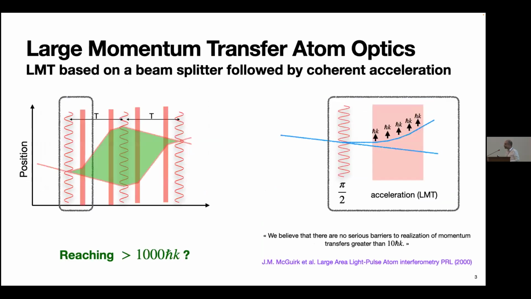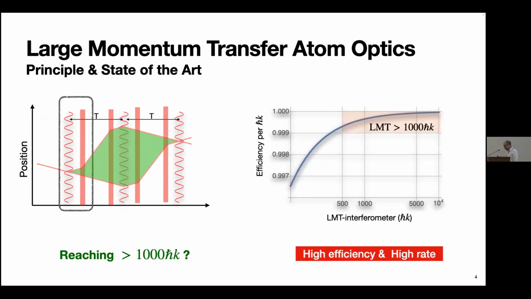The most common solution is first to create a beam splitter with a coherent superposition between 0 and 2 h-bar K, and then to accelerate a single arm, either with a sequence of pulses or with a continuous acceleration in an optical lattice. To achieve that, we need a very high efficiency.